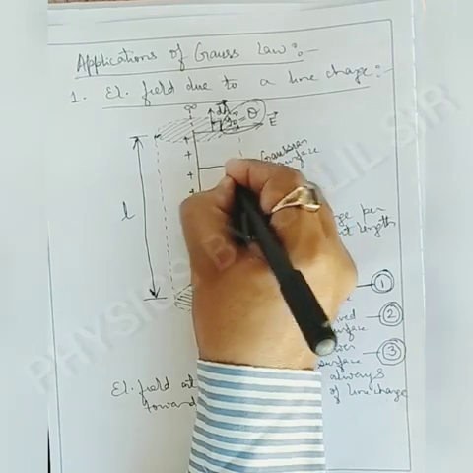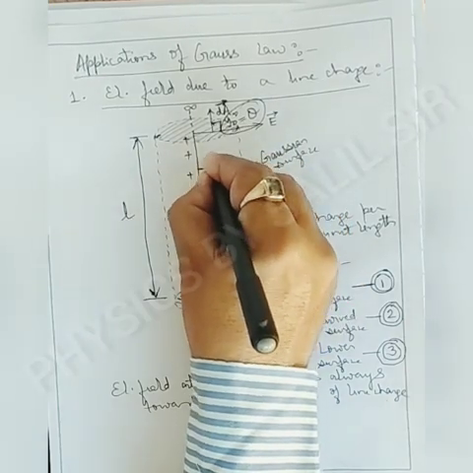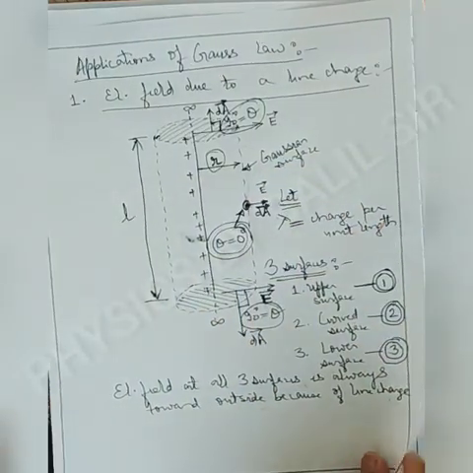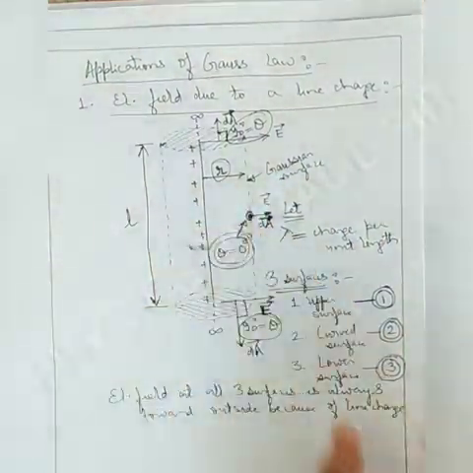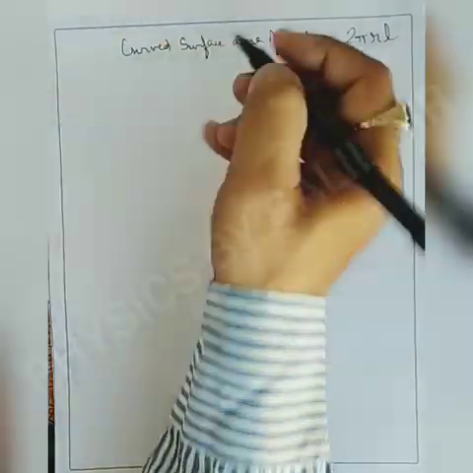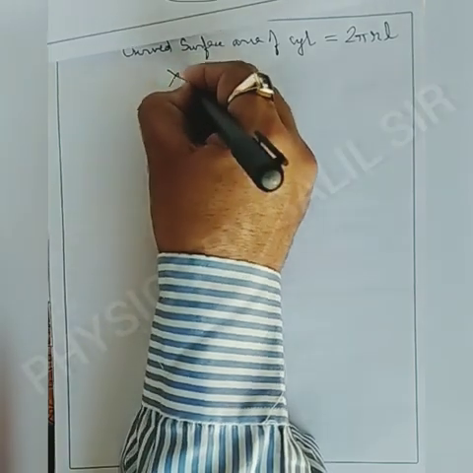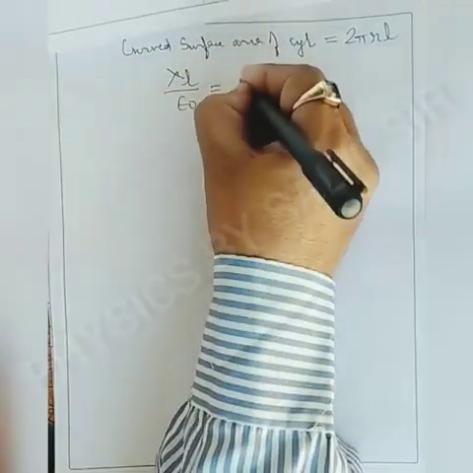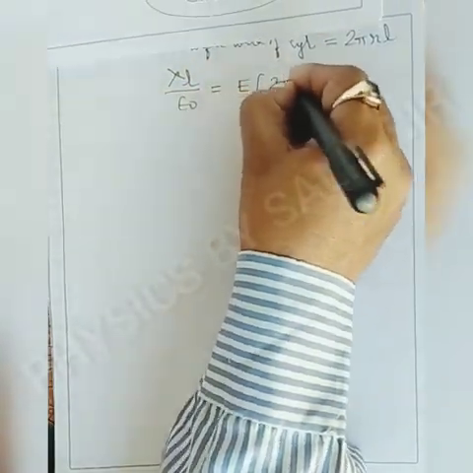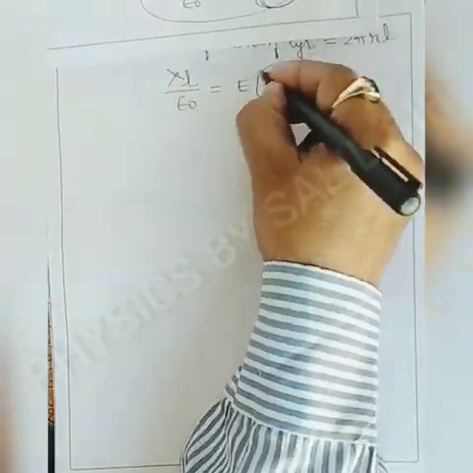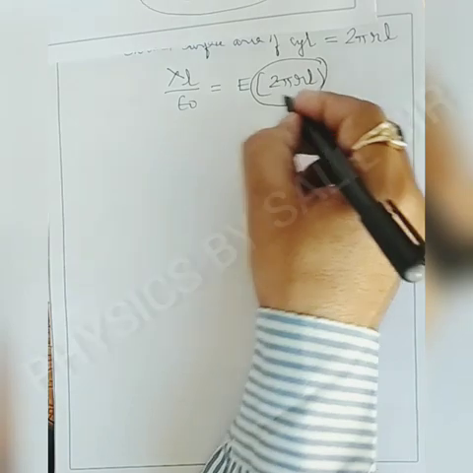If this is r, the radius of the Gaussian surface, then in place of integral dA, we can write lambda L upon epsilon naught is equal to E into 2 pi r L. In place of integral dA, we kept this 2 pi r L.